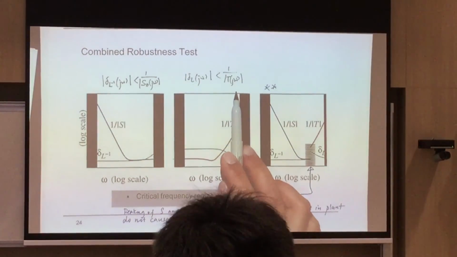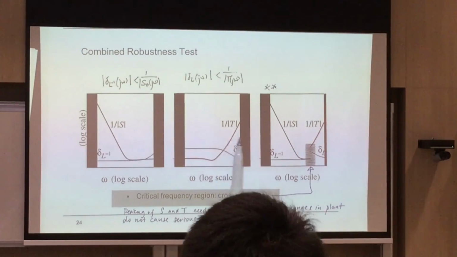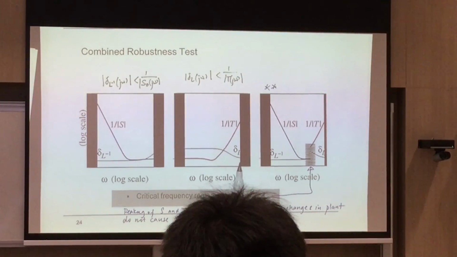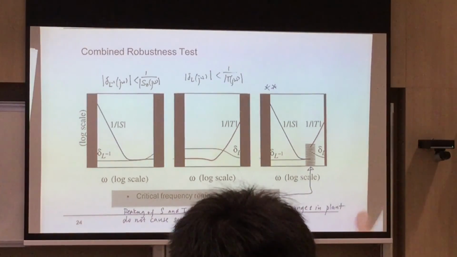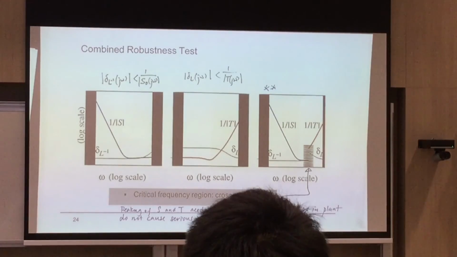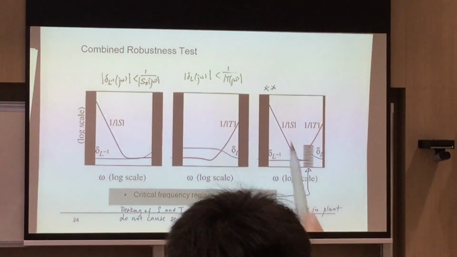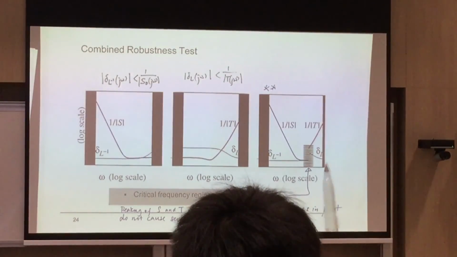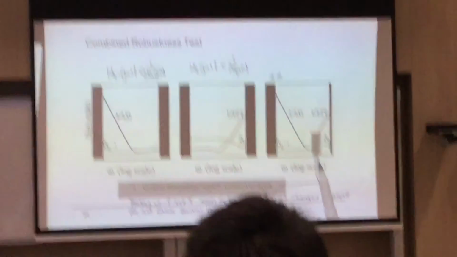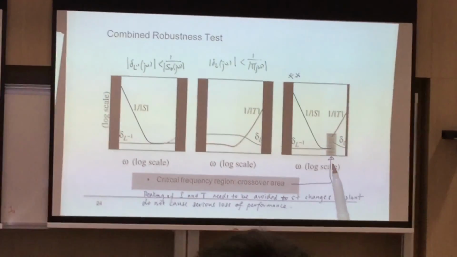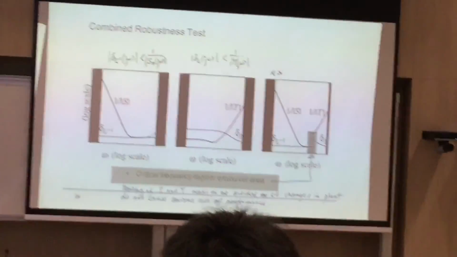For this plot, we're asking for ΔL to be less than 1 over T. So on the right-hand side, ΔL is less than 1 over T. So this part is fine. This part is not. If you put them together, you will notice that for low frequencies, indeed, you have ΔL inverse less than 1 over S. High frequencies, you have ΔL less than 1 over T. But there's also a crossover region, whereby you are not sure. We say that this crossover region is very critical. It's called the critical frequency region.